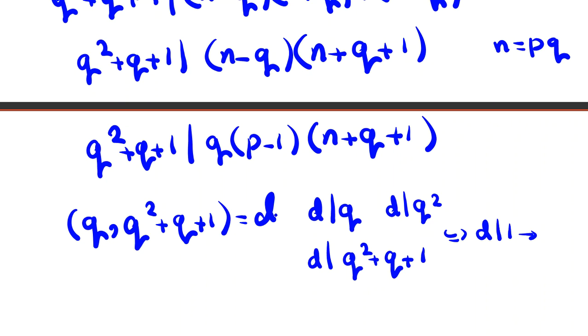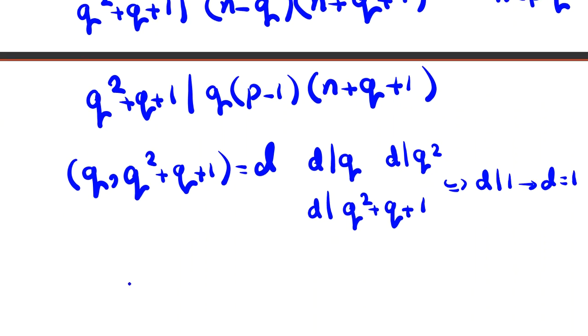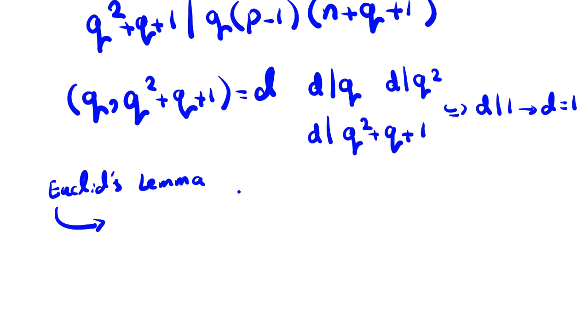Because d is the GCD, d is positive, so d is 1. So because they are coprime, by Euclid's lemma, this is an obvious lemma, it also has a proof. If you have any question about the proof of this idea or other important things about number theory, let me know through my WhatsApp.